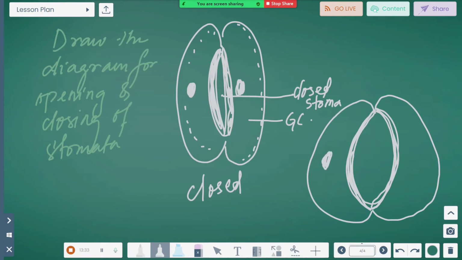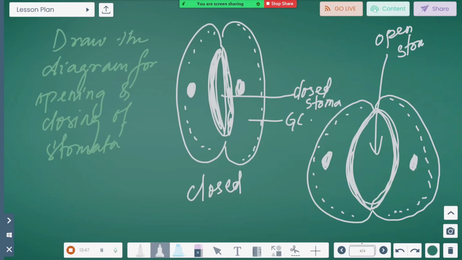Hope you can clearly make out that it is a thick structure showing the chloroplasts and the nucleus. And over here you have to label that this is the open stoma, with turgid guard cells.